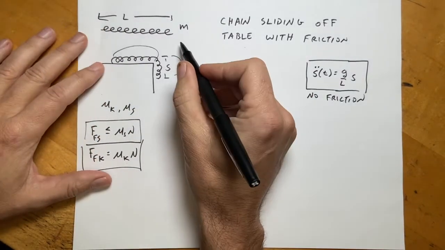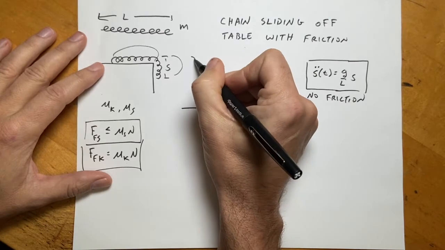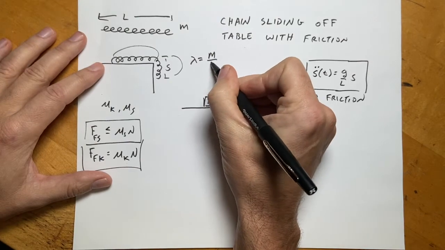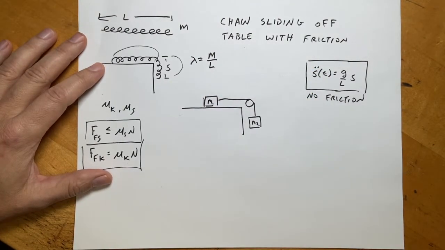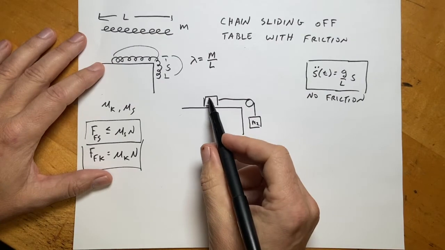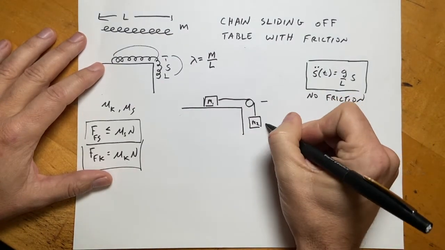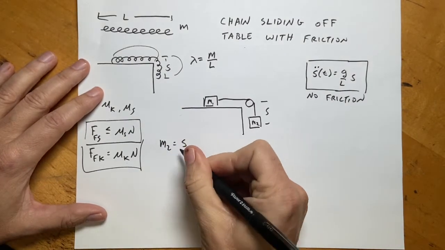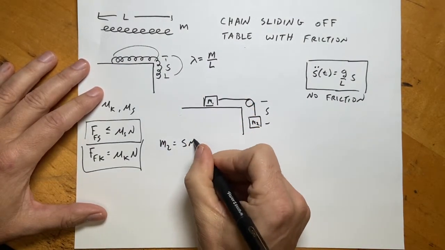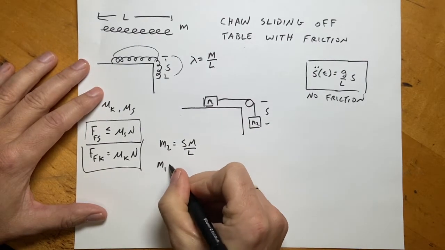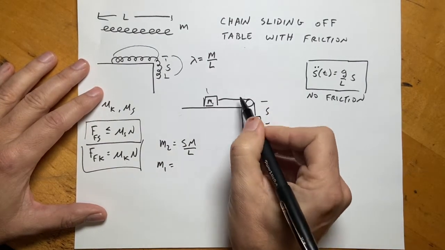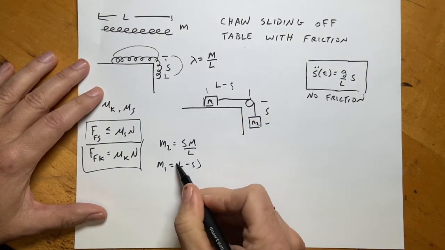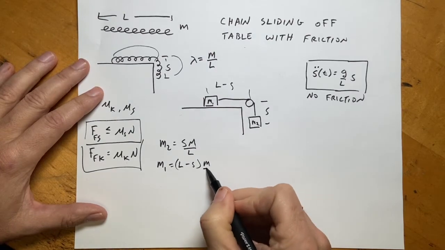I used this before: I'm going to define the linear density lambda as the total mass m divided by the length of the chain L. So if this is a distance s, then the mass m2 is going to be s times lambda, which is m over L. And m1 is going to be equal to this length, which is L minus s, so it's L minus s times the density m over L.